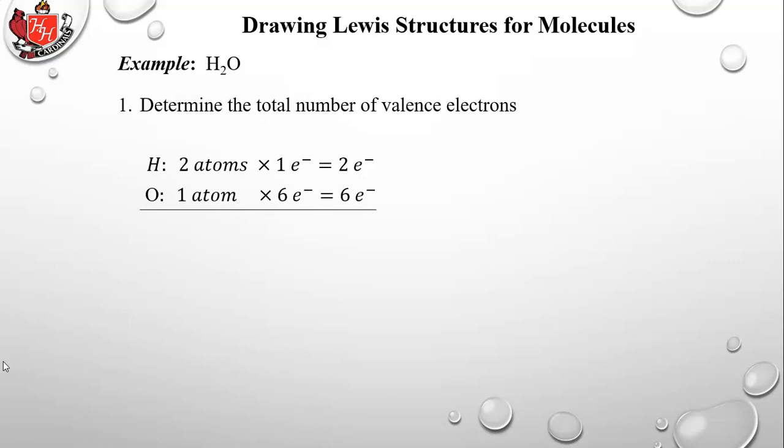The oxygen's valence electrons are in the second orbital. Hydrogen's valence electron is in the first orbital. So when we add those up, we have a total of 8 valence electrons to work with. So we have to place those to complete the Lewis dot structure. So a water molecule has a total of 8 valence electrons.